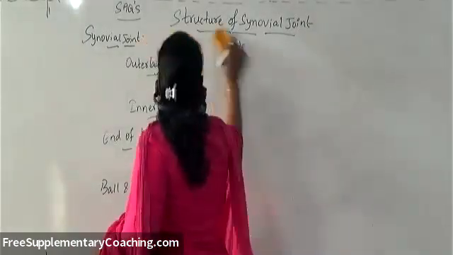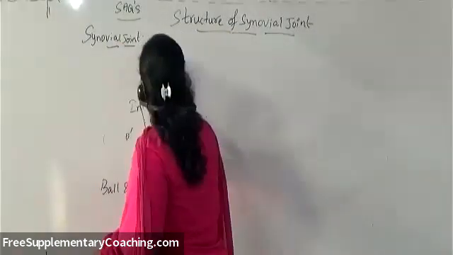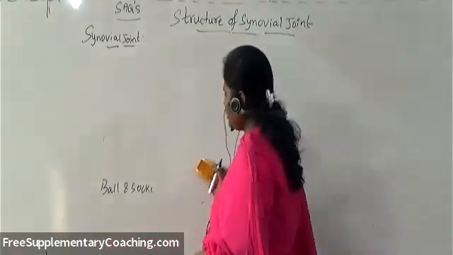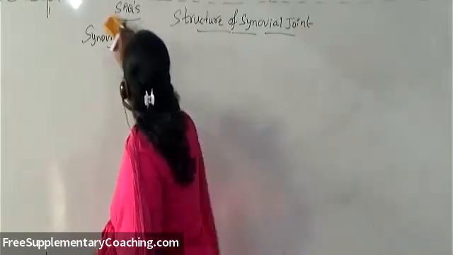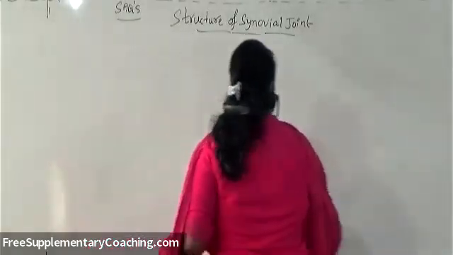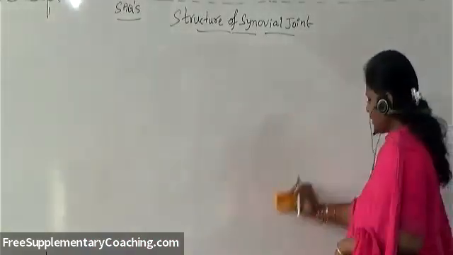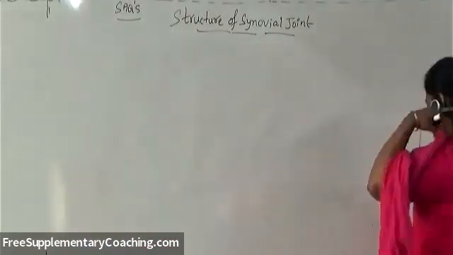As I told you, first draw two bones and cover the two bones with the joint capsule, so that the diagram will become easy for you. As you know, the joint is the union of two bones.